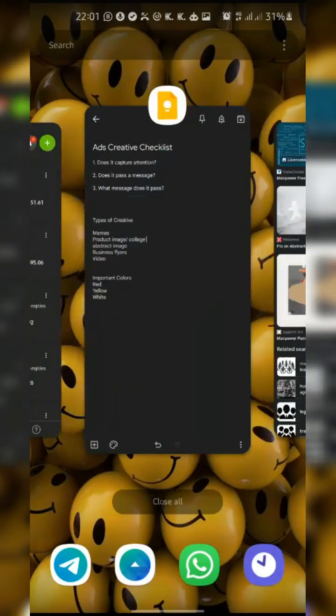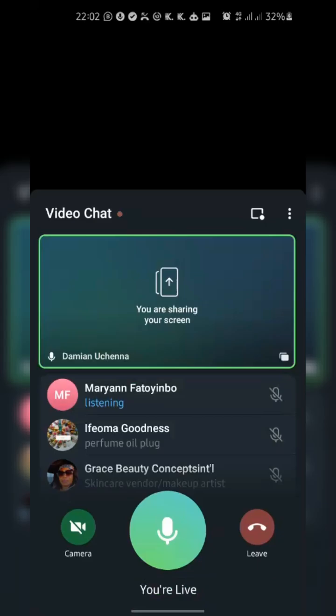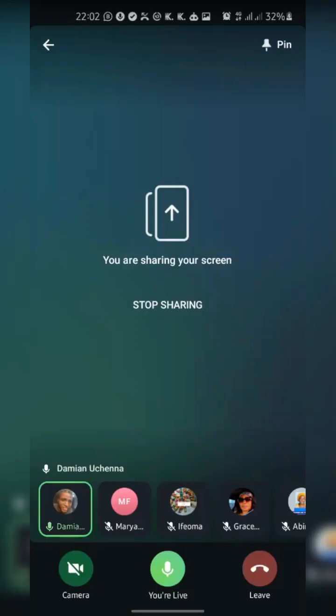Please, can you still see my screen? My screen just went off now. Can you still see it? If you can, please just let me know. Okay, you can no longer see it. All right, let's hold on.